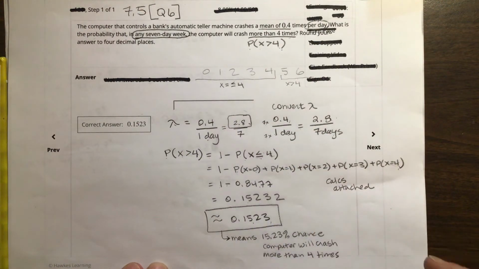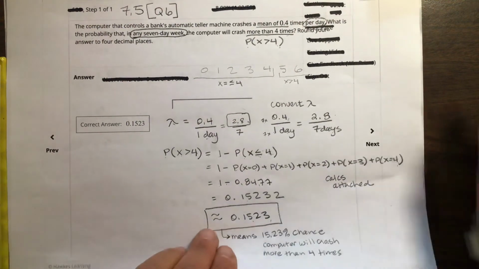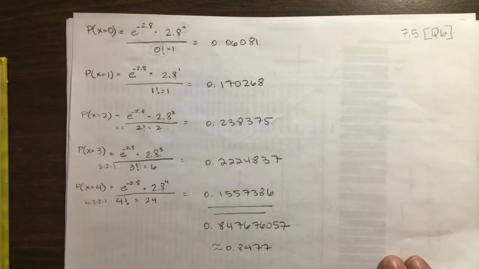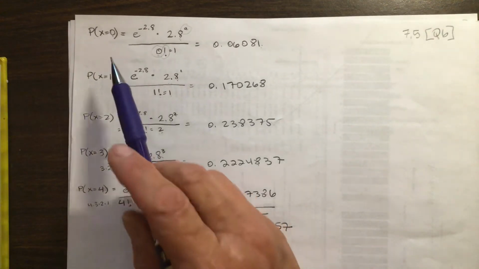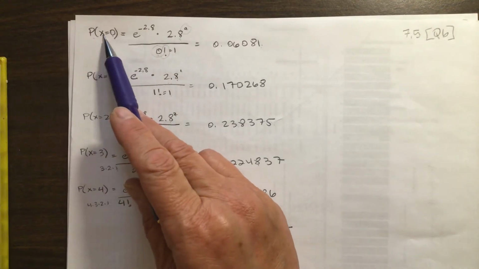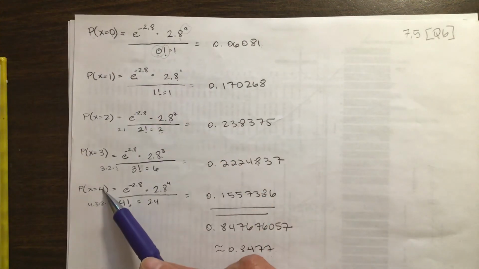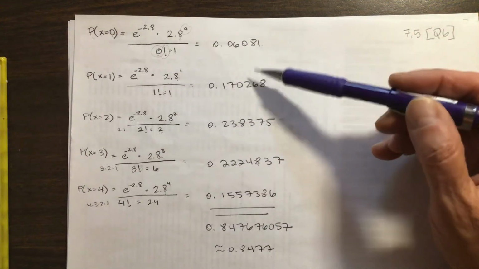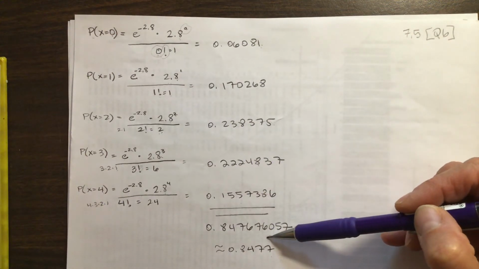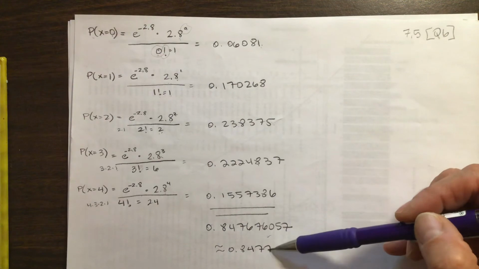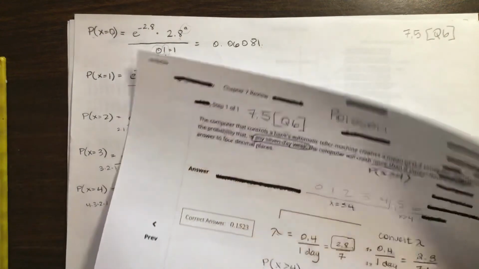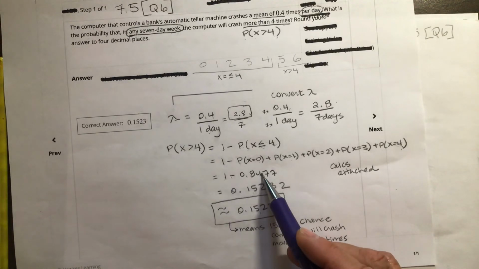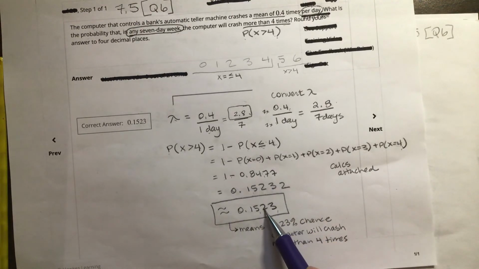And that is what I have done right here. And here are the calculations for that. All I did was calculate for each value of x that was equal to 4 or less than 4, and just follow the formula, add these numbers together. When you get here and add, you can round to 4 digits, and then don't forget to go back and do 1 minus that number to get your final answer. Okay?